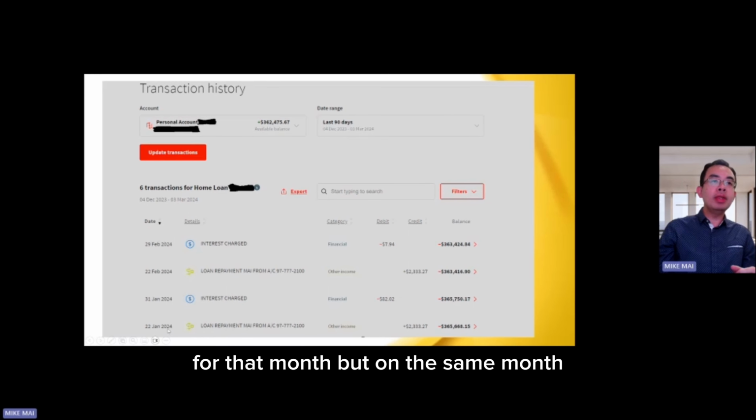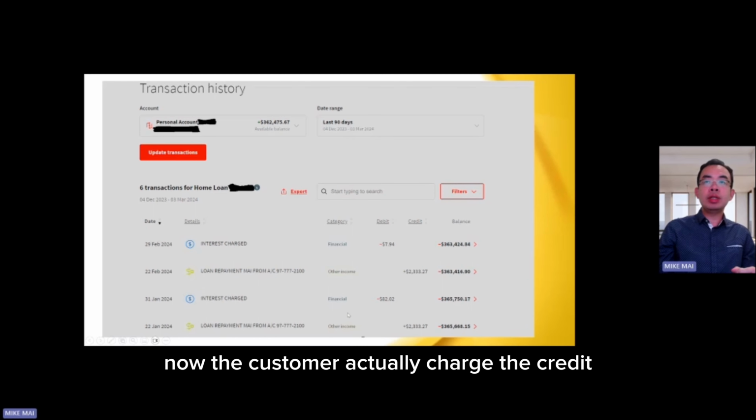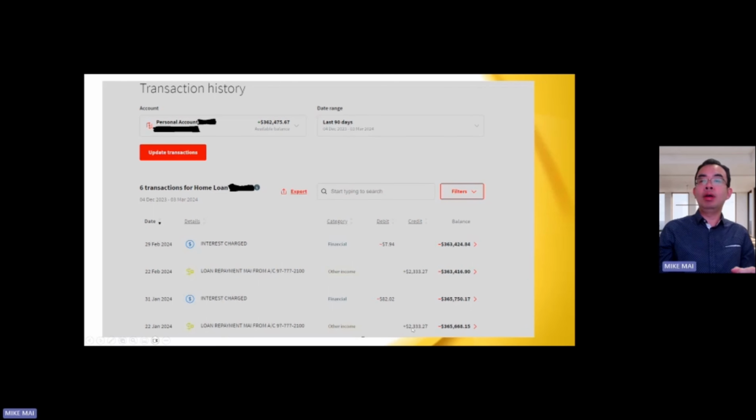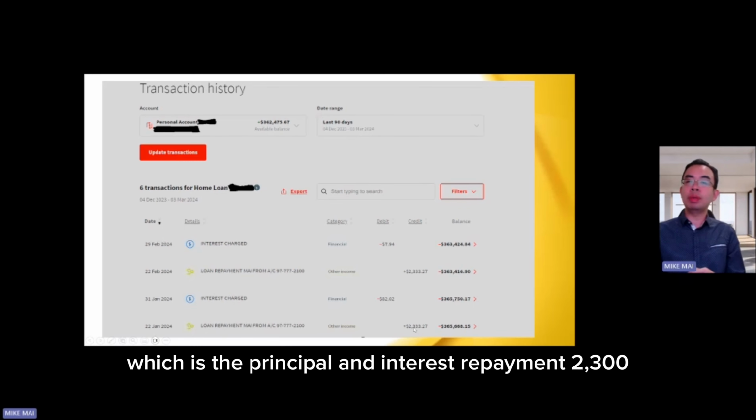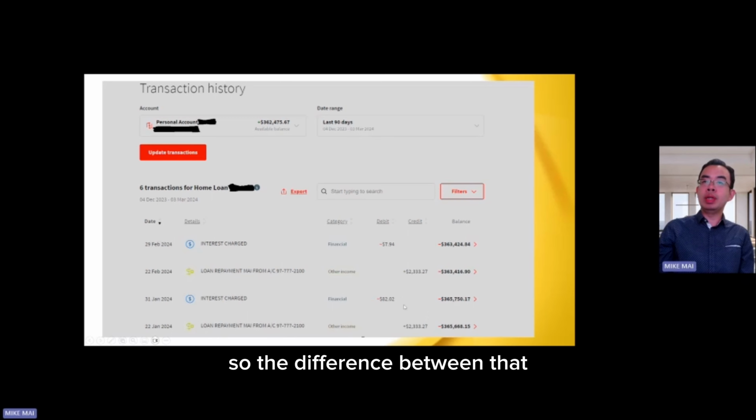But in the same month, the customer was charged the credit, which is the principal and interest repayment, 2,300. So the difference, $2,382, will be the deduction back to the principal of the balance.